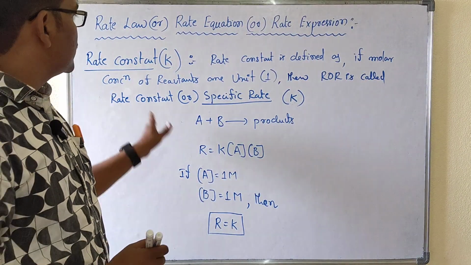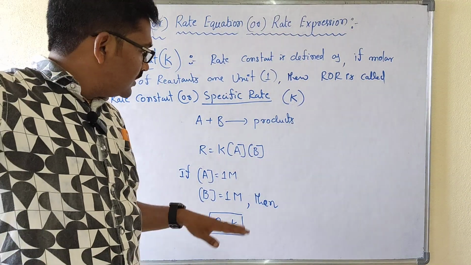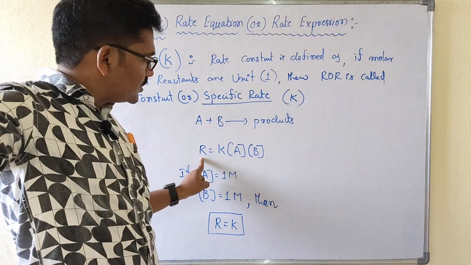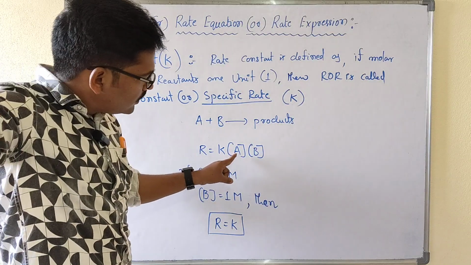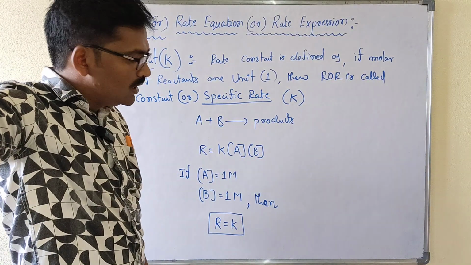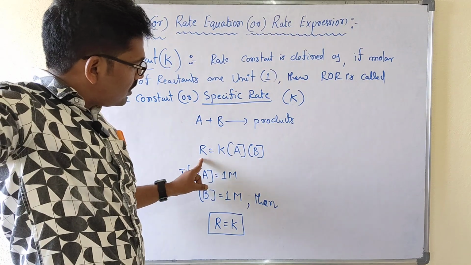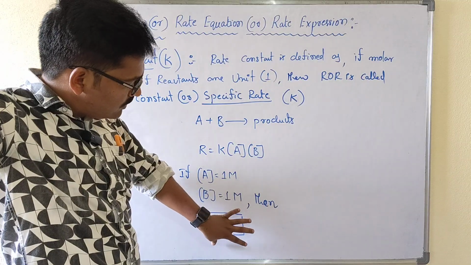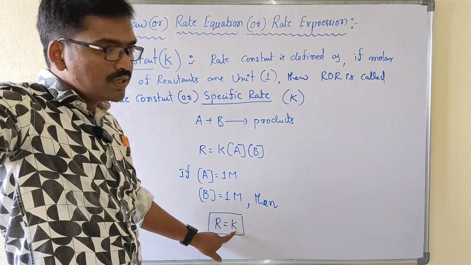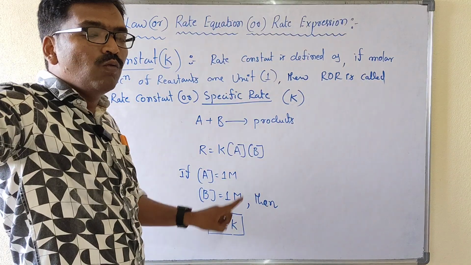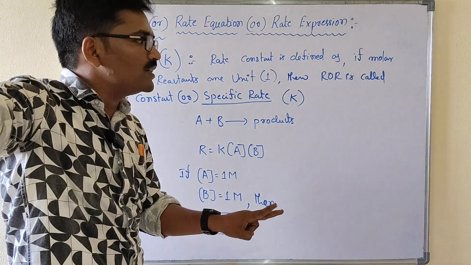See, look, my dear students, in the rate law expression for the rate of reaction, if you take the molar concentration of A equals 1 and the molar concentration of B equals 1, then R equals K. So the rate constant is defined as the rate of reaction at 1 molar concentration of reactants.